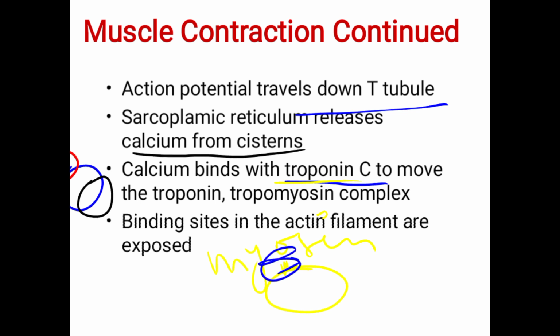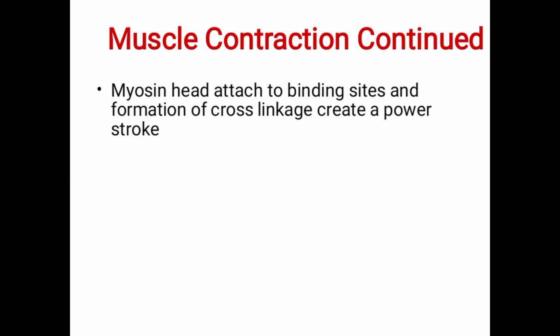At that time the myosin will go and bind to that site and form a cross linkage that creates a power stroke.